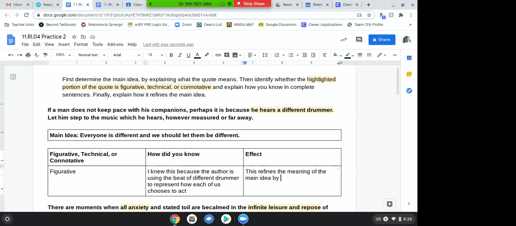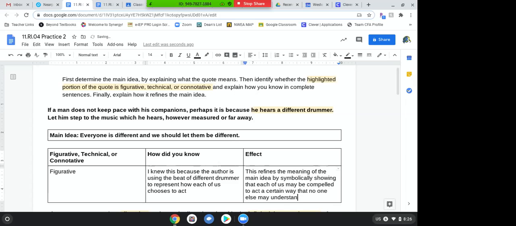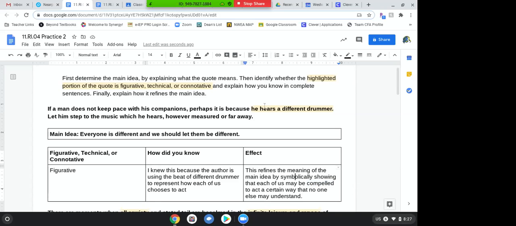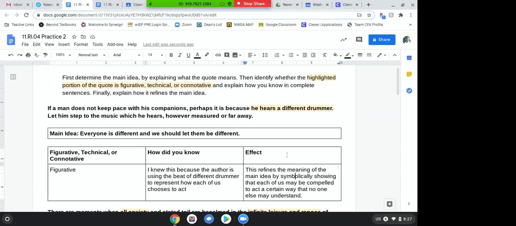So it refines the main idea, symbolically showing that each of us may be compelled to act a certain way that no one else may understand. And I use the word compelled here because it means there's something that drives us to be different that not everybody understands, right? Like we may hear a drum beat that others do not. And that's important, and that's okay.